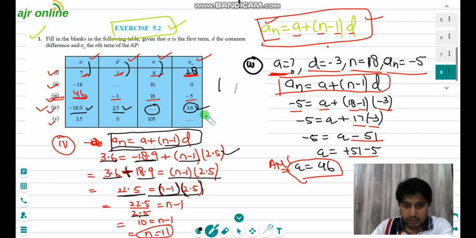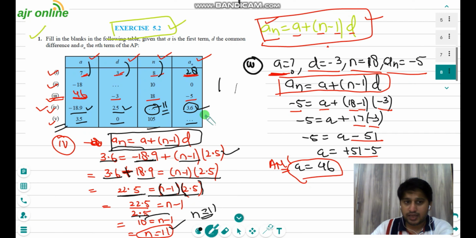Then 22.5 upon 2.5 comes out to be 10, so n minus 1 is 10, and this minus 1 goes over to the other side, becoming 10 plus 1, which is 11. So n is equals to 11 is the answer. Similarly, you can do the fifth part also. It is very easy. a is given, d is given, n is given.